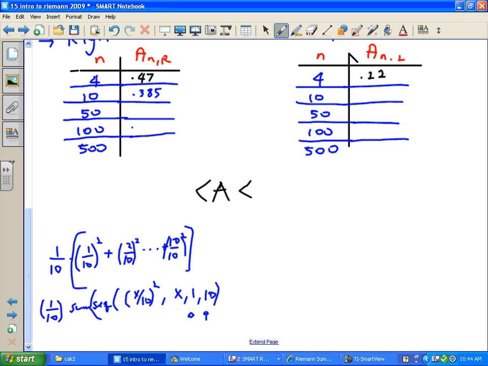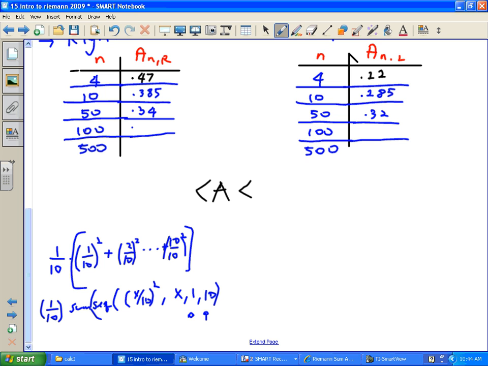Okay, what about the left sums? Okay, roughly 0.285 or 0.29. Okay. The right sum's 50. Did anybody get that far? I think you two, we're going to work on that. 0.34, etc. 0.34. And the left sum with 50?